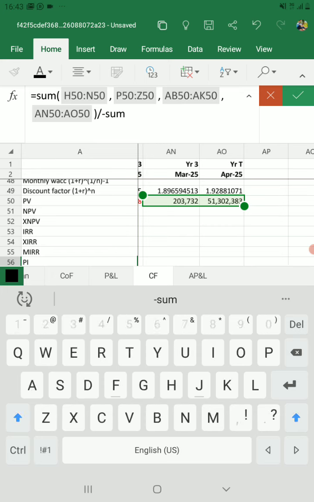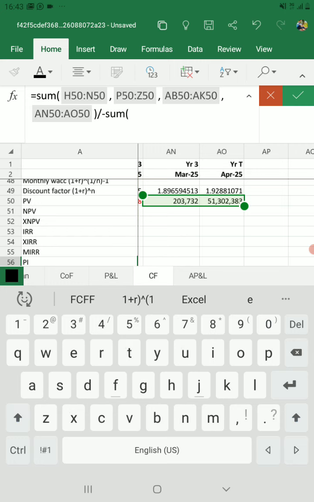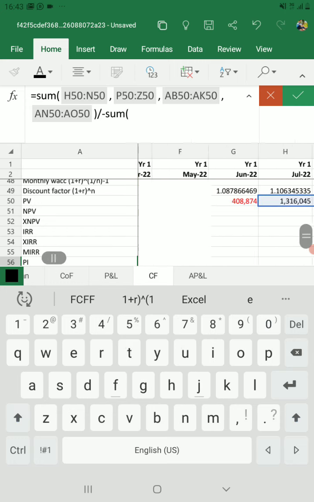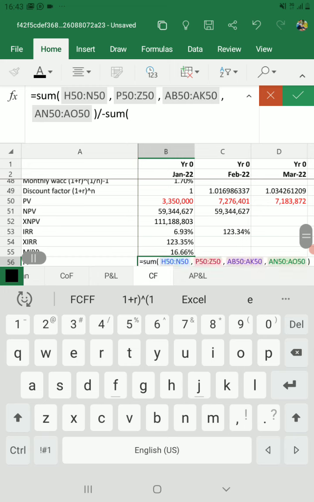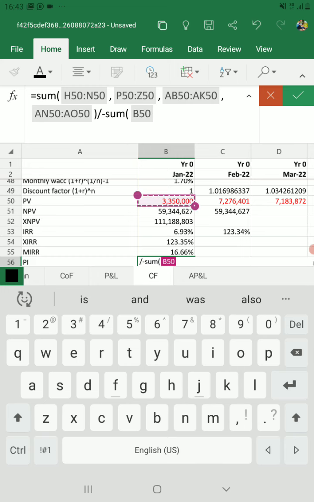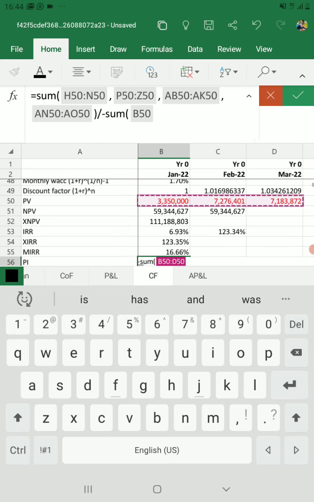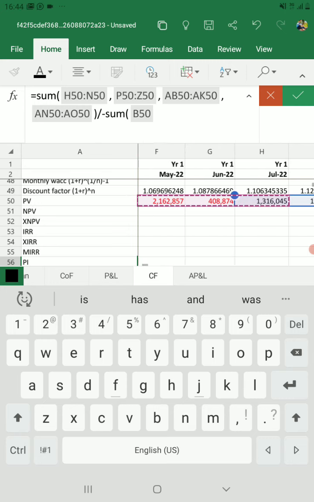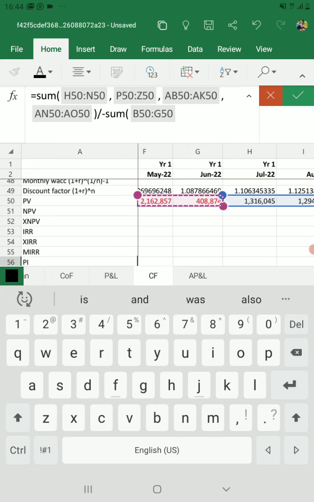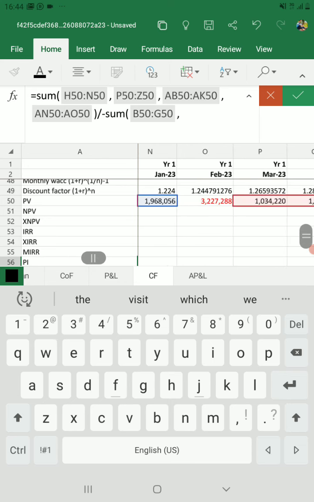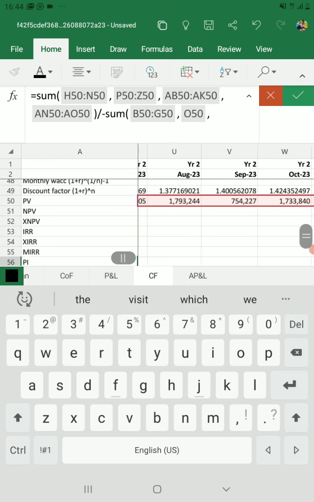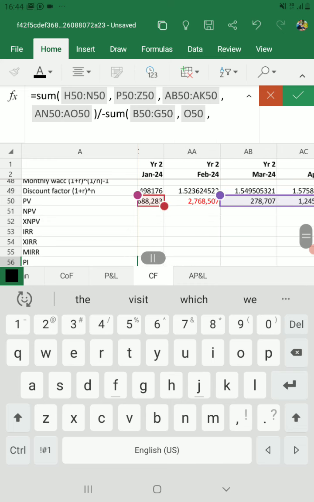So sum, open the bracket, again I start from the beginning, this one, from here I drag all these negative numbers up to here, put a comma, go and pick, this is negative also, sorry, this one, then comma, then the other negative is here.